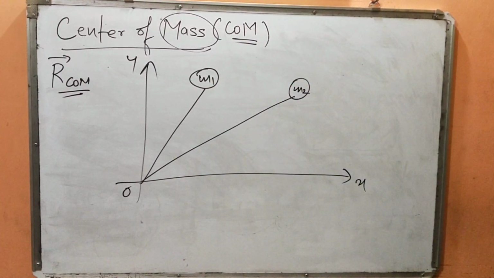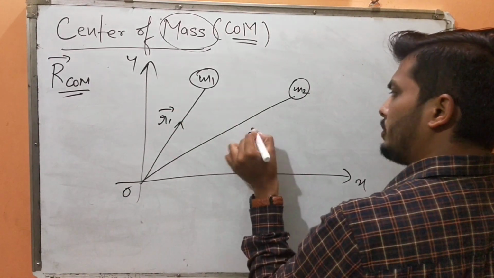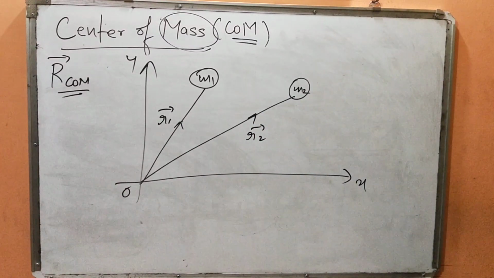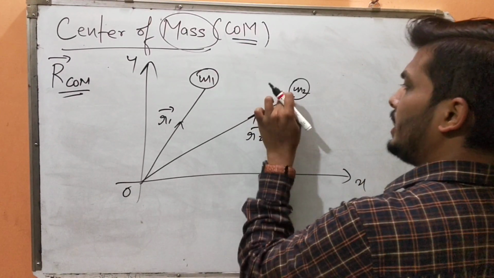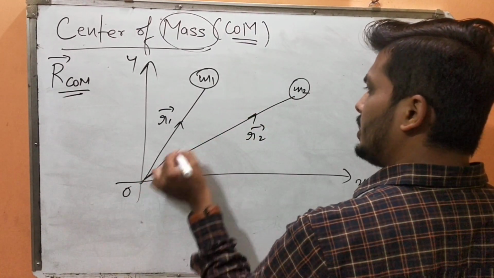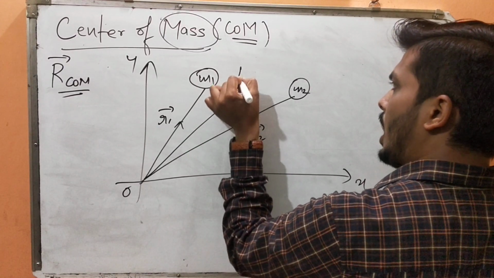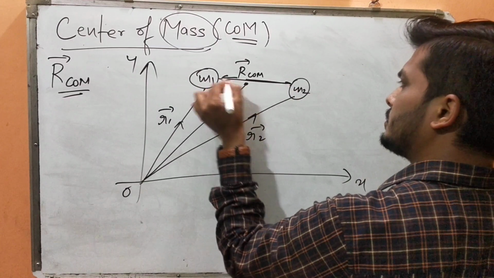M1 has a position vector R1 and M2 has a position vector R2. Now how do you find exactly the center of mass of this body? Since M1 and M2 are separated by a certain distance, the center of mass will definitely be somewhere here. RCOM is the line joining the origin to this point.